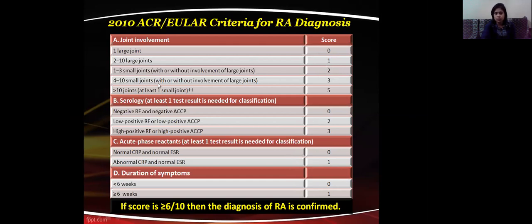If 4 to 10 small joints are involved, the person may get score 3. But if more than 10 joints are involved, and at least one small joint is involved, then that person will get 5 score.